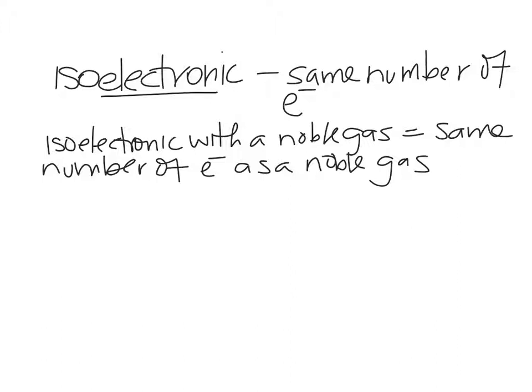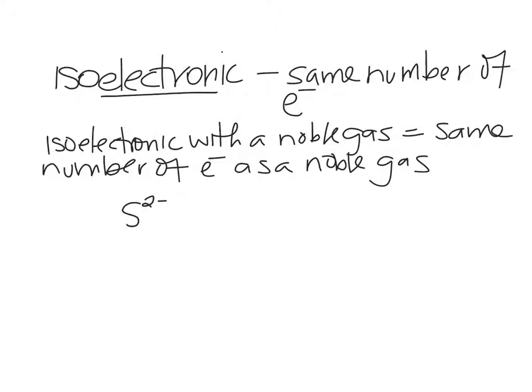So, sulfur. Put your finger on sulfur in the periodic table. Try not to poke a hole in it. Okay, it's going to gain 2 electrons, so it's going to move to the right. What noble gas is it going to be isoelectronic with?